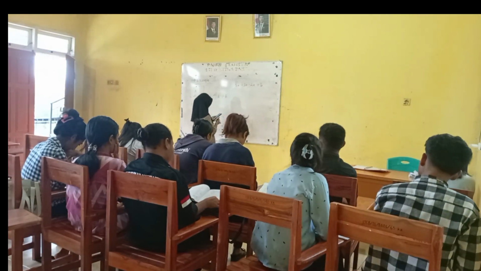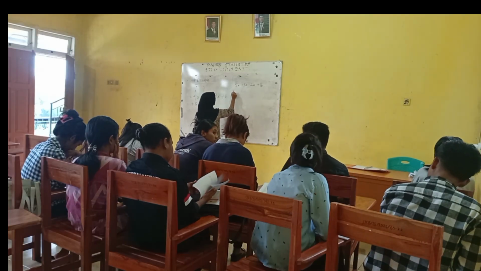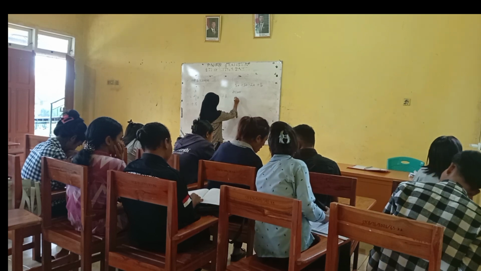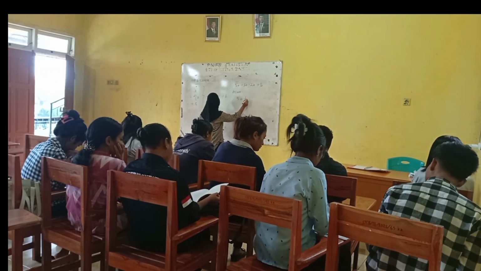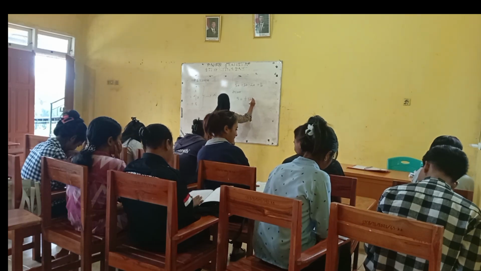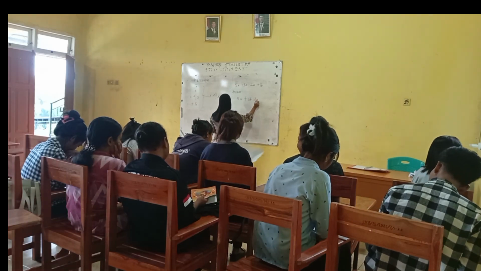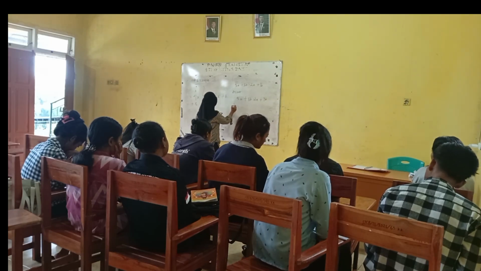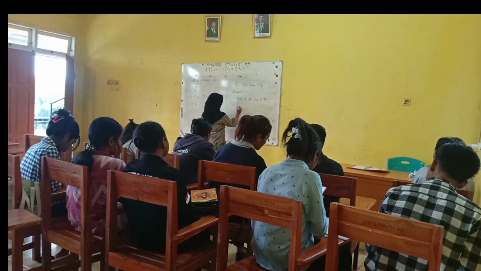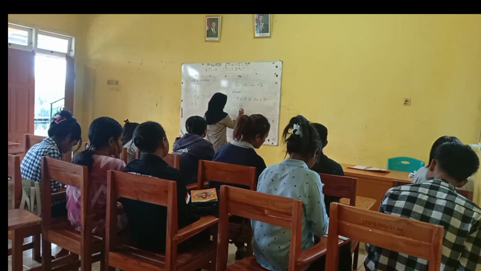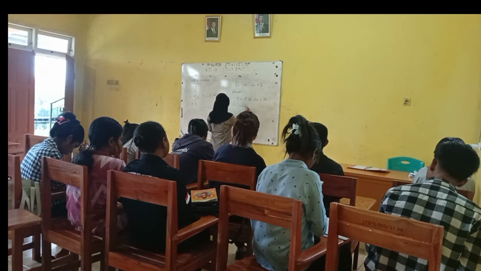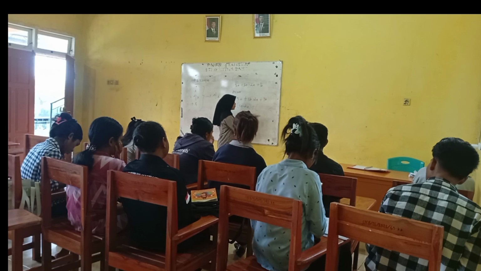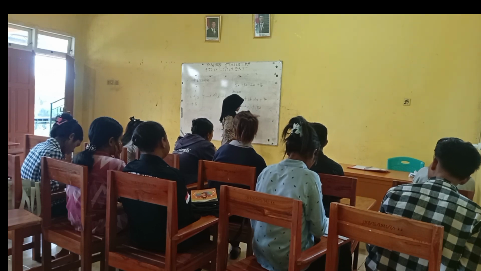Solution. 5A plus 3B minus 2A plus 7B equals 5A minus 2A plus 3B plus 7B.